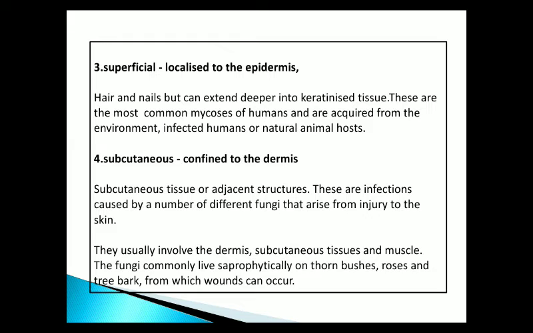So during that collection, if somehow a cut or wound happens to human skin, this microorganism can transfer from these bushes and barks to the human wound, and after that they can cause infection to the human skin or under the skin. So this is the methodology of their infection.